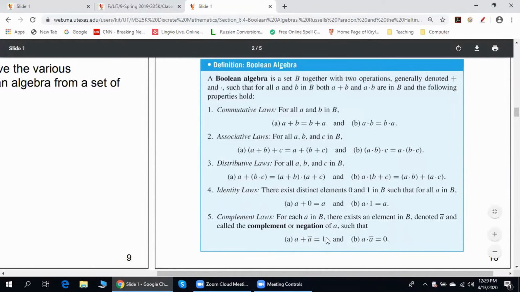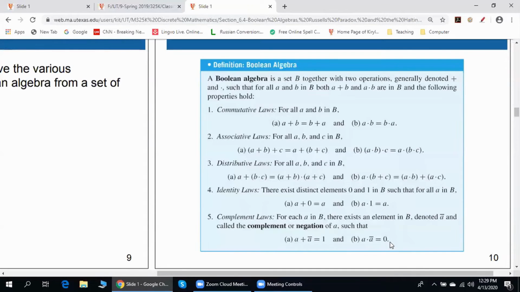How about this? In sets, 4 sets. Can you translate this into the language of sets? And A bar is the complement or negation. Say it again. I was looking for the definition of A bar. So that would mean in set notation, the union of A and A complement is the universal set, right?